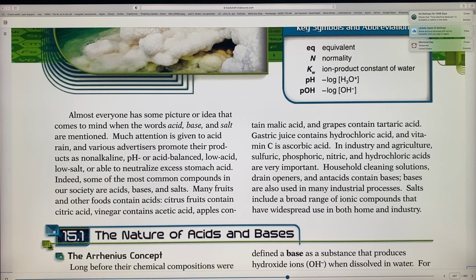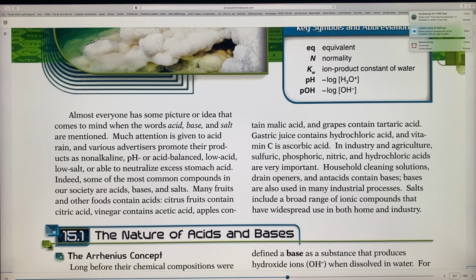And many fruits, like certain citric fruits, are acidic. Vinegar is called acetic acid. And apples have malic acid, and grapes have tartaric acid, and gastric juices are hydrochloric acid in our stomach, breaking down food products. A very important thing that hydrochloric acid does in our stomach.